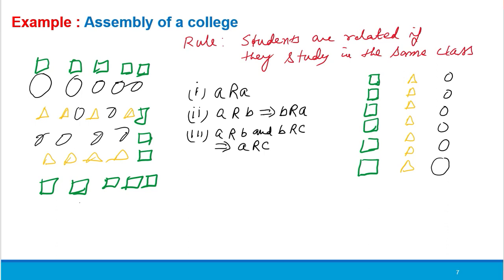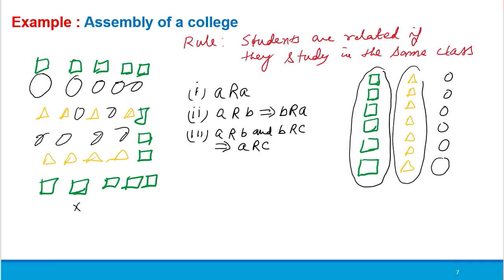This is our set, the full set X, and this is the partition which we have created. Now you can see that you have one partition set like this, one partition set like this, and another partition set like this. So these are the partitions. Now this full partition set contains many students.